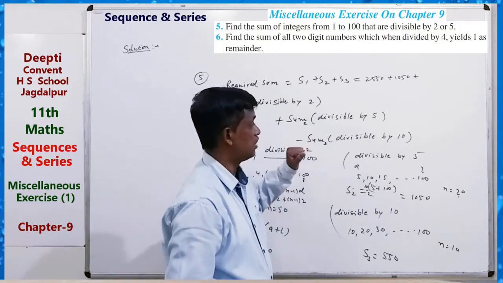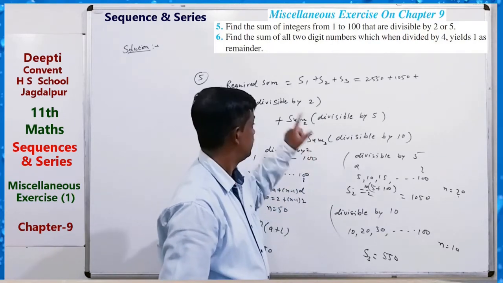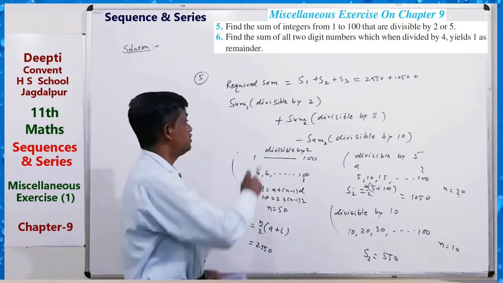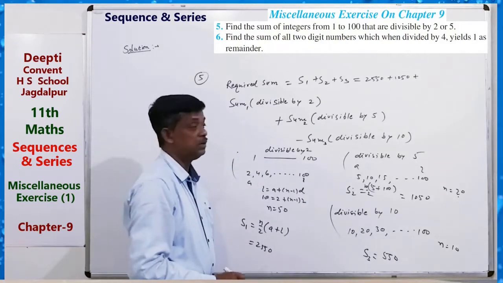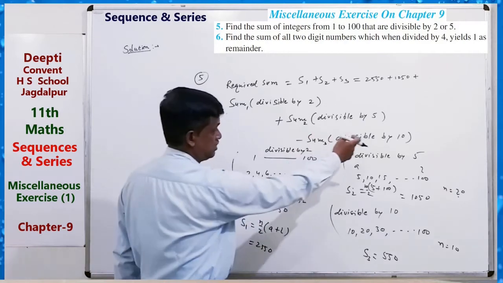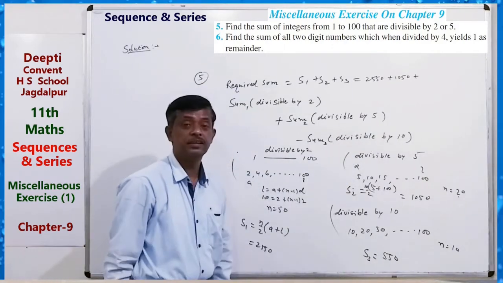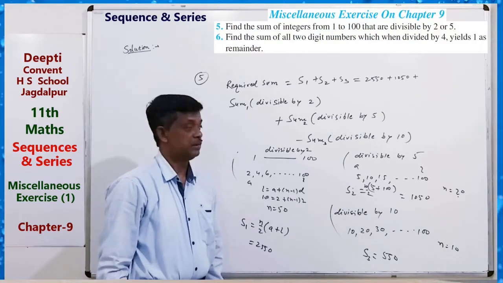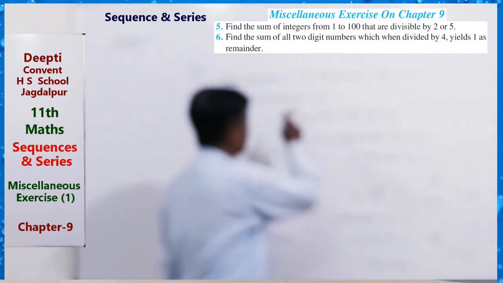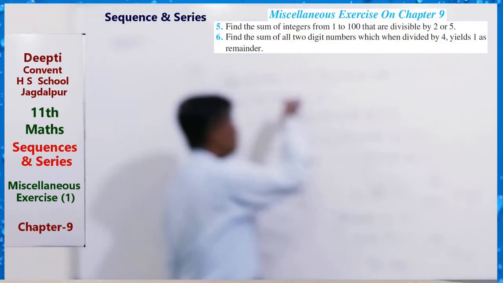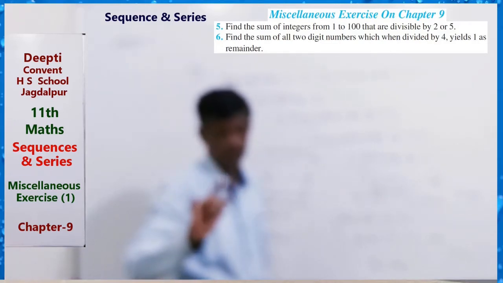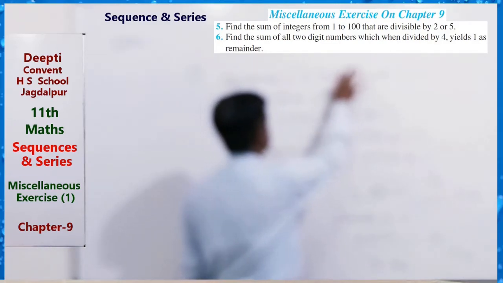Because numbers divisible by 10 are also divisible by 2 and also by 5, they are included 2 times, so 1 time you have to subtract. So here subtraction is there.